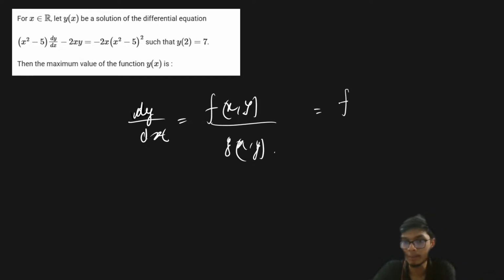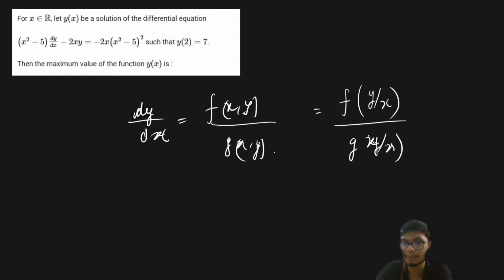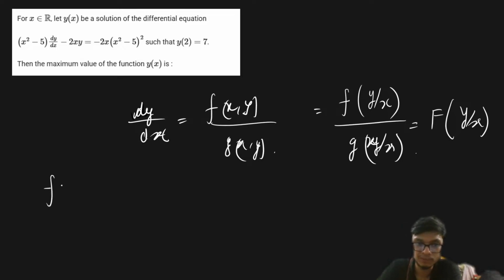Now if I am able to approach this particular differential equation as f of y by x by g of y by x, I will call this form equal to some other function capital F of y by x. Whenever I have this kind of form of y by x, I will call it homogeneous if and only if it satisfies this particular quantity.